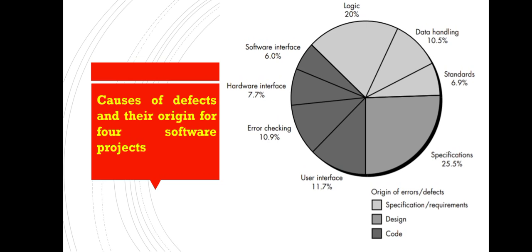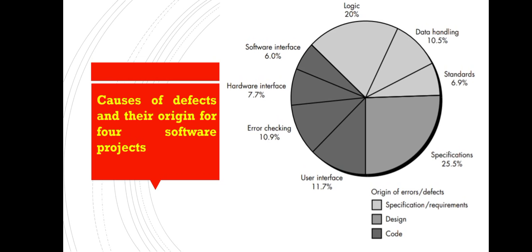And the next category is designing. The design includes logic, data handling, and standards. As we know that we implement some logic in programming code, there is a chance of occurrence of defects of 20% in the considered software projects. And data handling is another type of defect or error which will come up nearly 10.5% of the time in our specified projects.